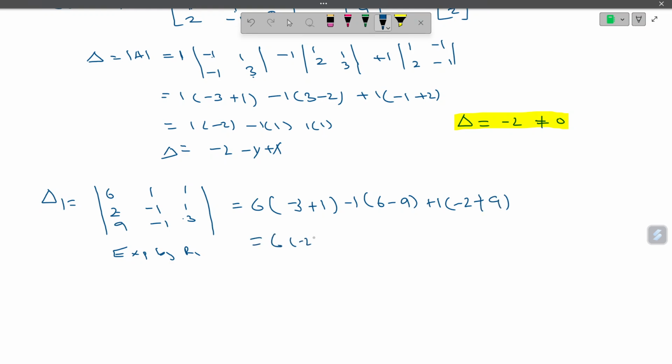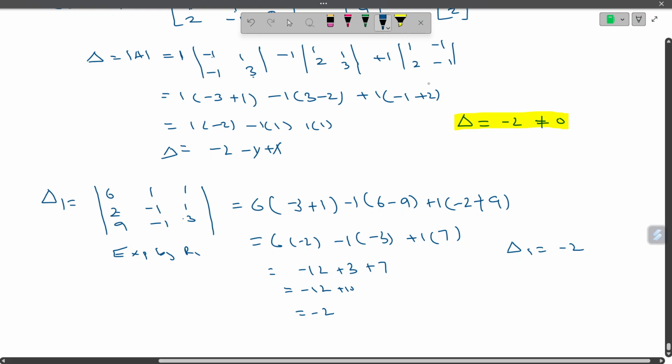So 6 times minus 2, minus 1 times minus 3, 1 times 7. So minus 12 plus 3 plus 7, so 10. Minus 12 plus 10 is minus 2. So del 1 equal to minus 2. Del 1 equal to minus 2.